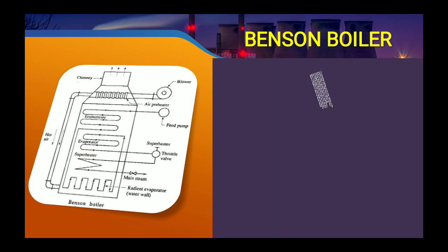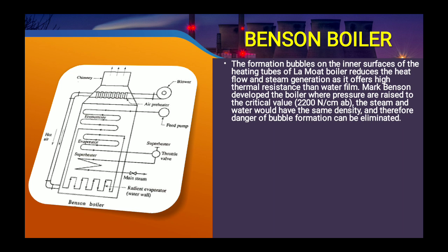There is a limitation of the Lemmon boiler. When the water is heated in the water tube, bubbles are produced in the water tube, and to overcome this limitation, the Benson boiler was invented by Benson.